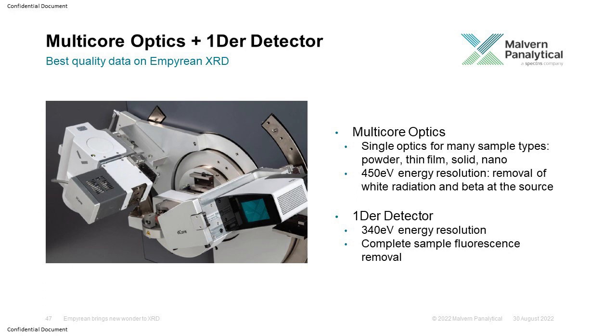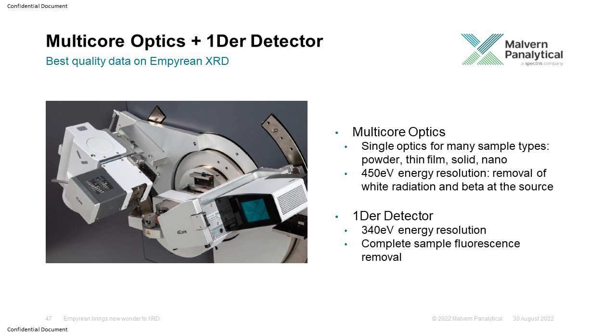This is a platform that can automatically analyze all these materials without any manual user intervention. So if you have many students using it, you don't have to worry that they will change or mess up the optics. Nothing will happen because there is no manual intervention. It is just from the computer: you tell your sample and it will analyze your sample.